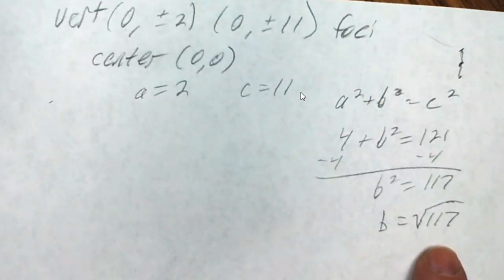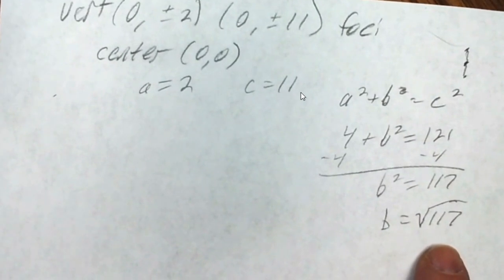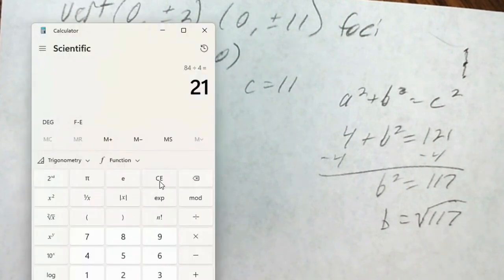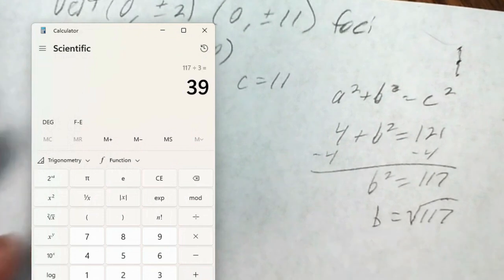which I believe is a prime number. We can't simplify 117. We can double check a few things real quick. Let's see if 117 is divisible by 7. Nope, that doesn't work. 117 divided by 3. Oh, there it is. It's not prime. But 3 doesn't help us at all, but 39 does work.